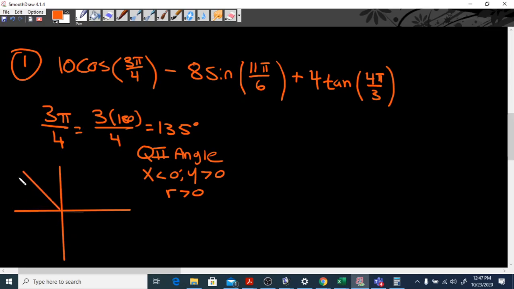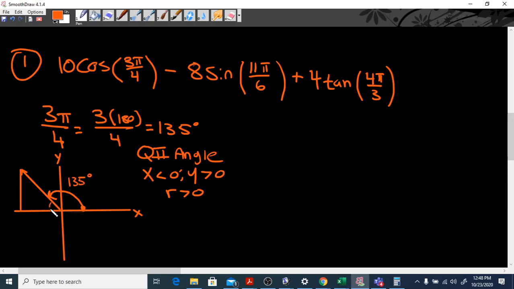Okay, so we draw the angle as such, something pointing that way. And then we always drop this down to the nearest x-axis. Okay, drop it down to the nearest x-axis. Students mess that up all the time. Okay, so here's the point. This is 135 degrees.